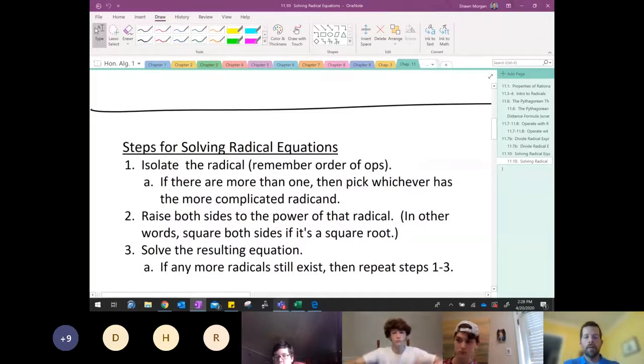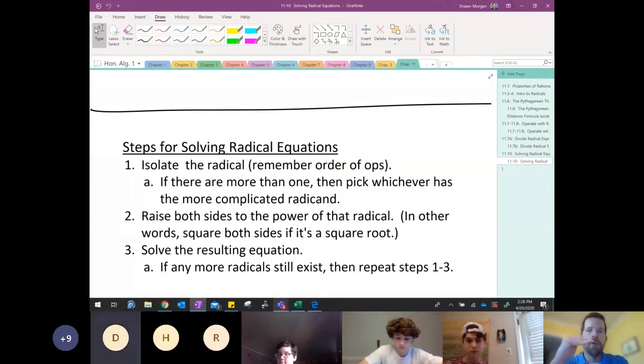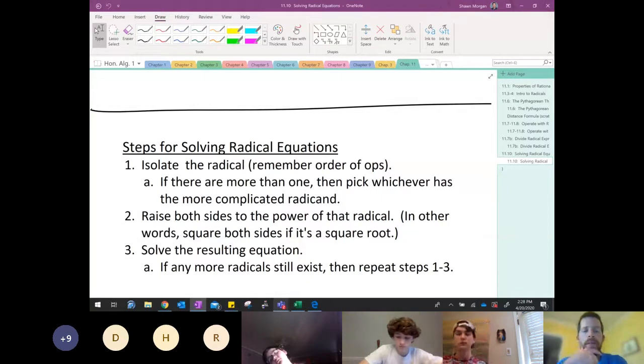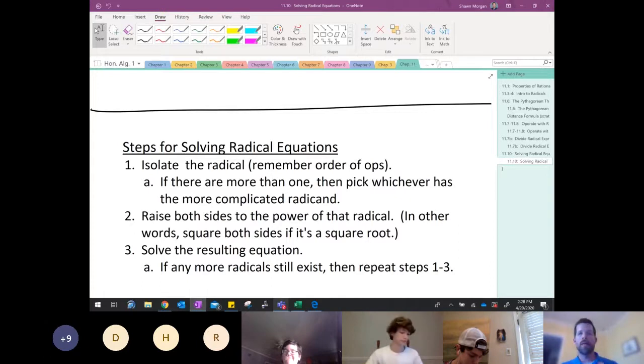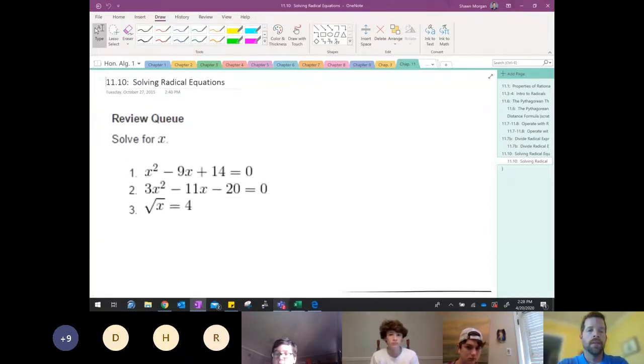I don't want you to take time to write this down right now, but tomorrow when we have our class, we're going to be going through this step-by-step process. So look ahead at section 11.10, maybe read through a couple of the examples and consider what you would put together as a process, and then we'll see if yours matches up with mine that I've got right here on the screen. Like I said, we'll go through and work this lesson tomorrow.